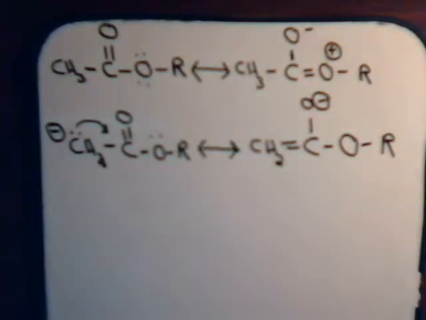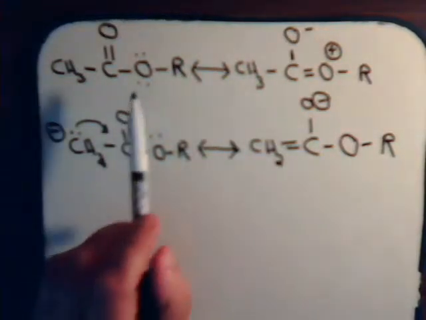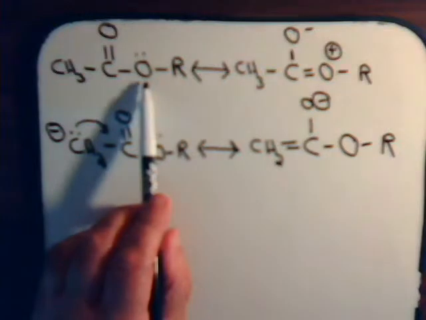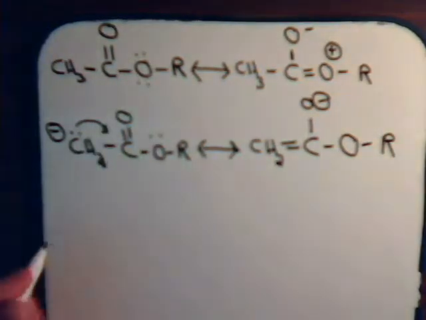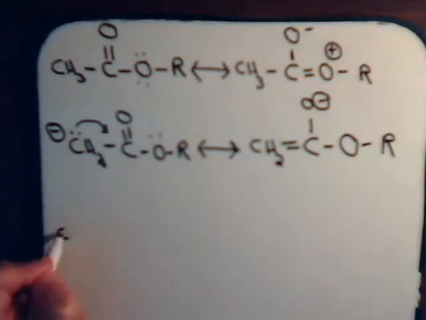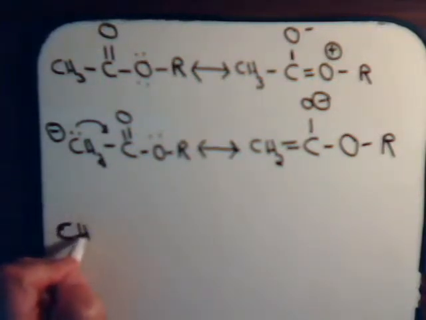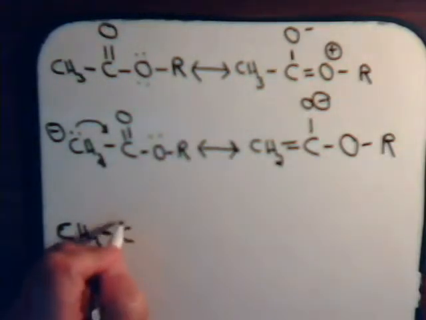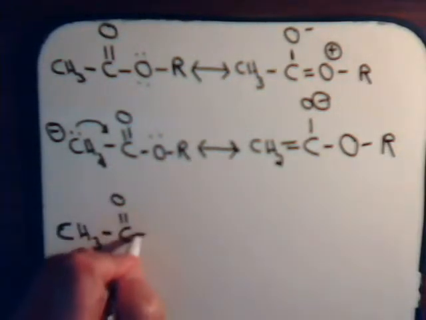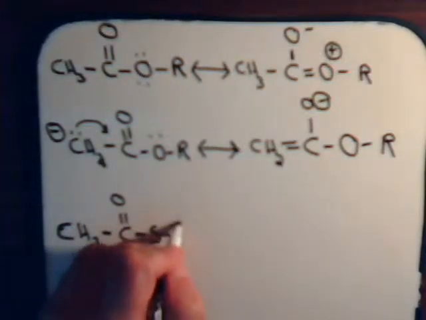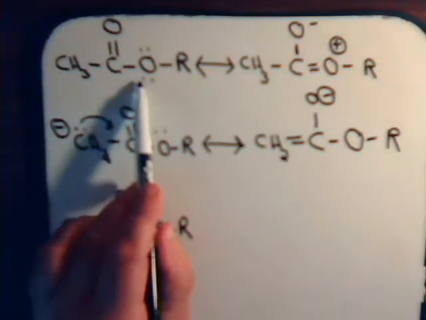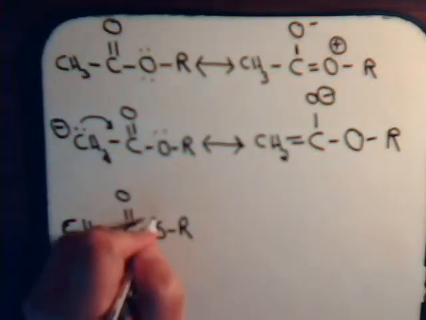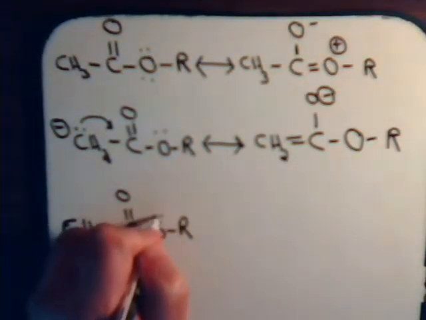Now, instead of having oxygen, what happens if we have a thiol ester, if we put sulfur in here to have this compound? The sulfur will be sp2 hybridized, just like the oxygen, so it has a pair of sp2 electrons, which we won't draw, but we will indicate the pi electrons.